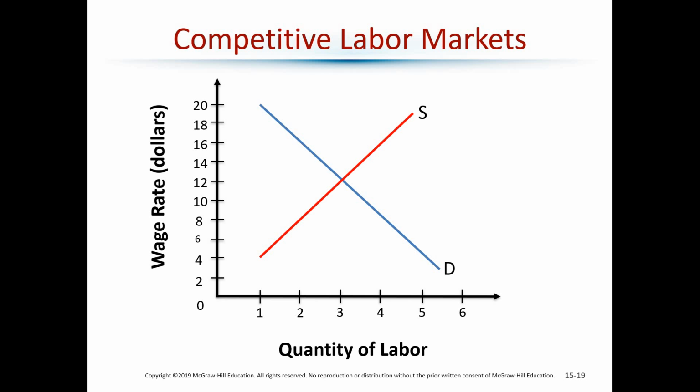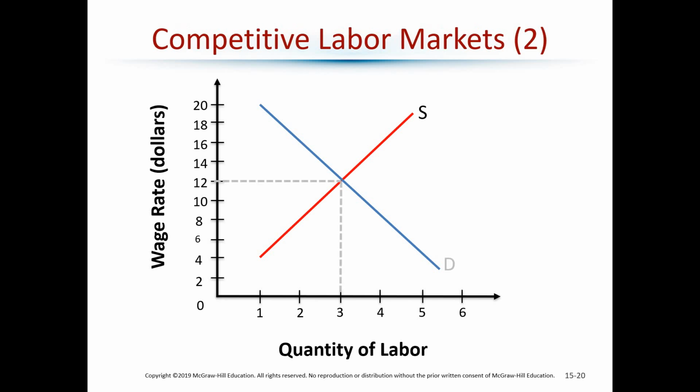Upward sloping supply curve, right? And here we have, let's say at a quantity of one, if say it's only $4 in this case, I'll only get one person willing to do the job. At $12, I could get 3 people. At $18, I can get 5 people or something like that, right?